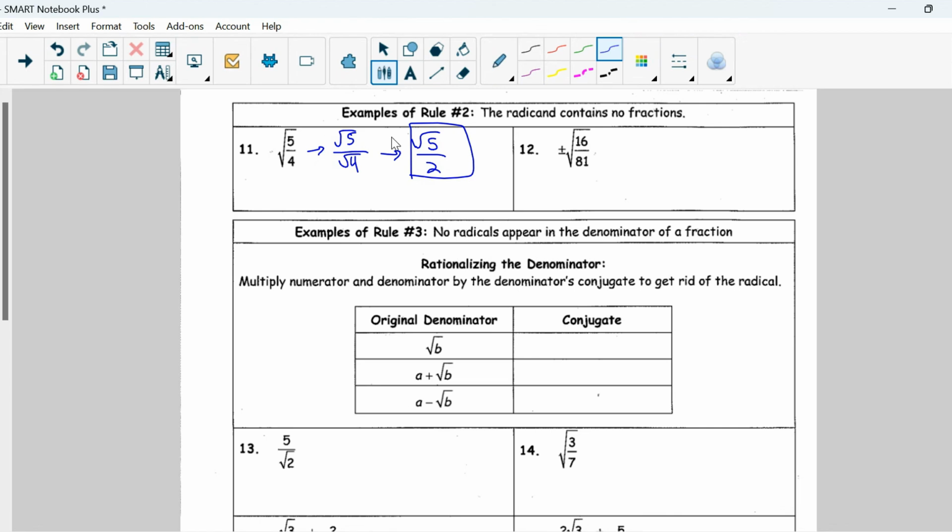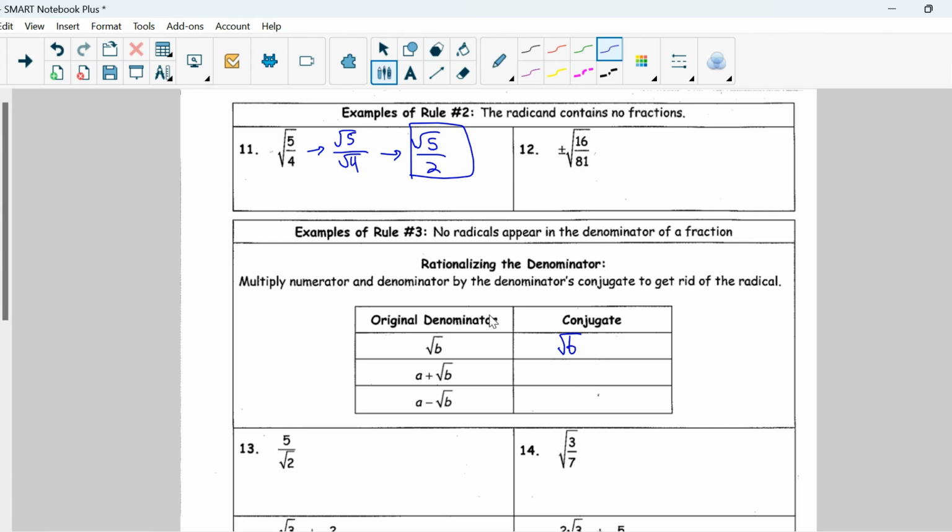All right, so the conjugate is when you essentially multiply something by the denominator to undo the radical. Okay, so if we just have the square root of b, its conjugate is the square root of b. Multiplying those square roots by each other undoes the radical. Okay, it will leave you with the result of b.